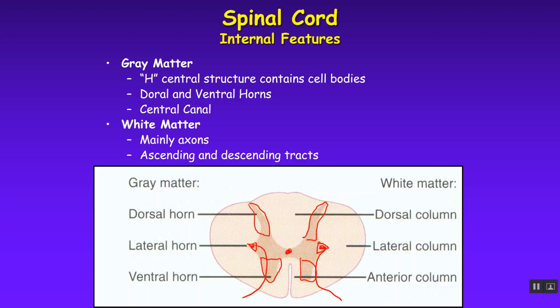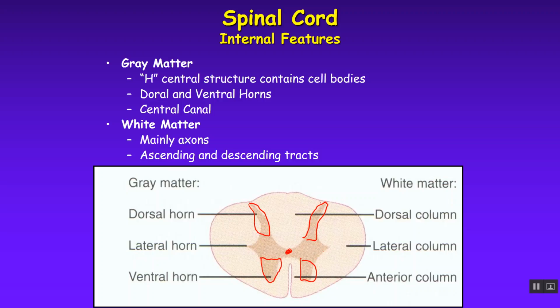You do have, I should take that back, you have some lateral horns in your sacral level, which isn't in your sacrum, it's in that tip of the spinal cord at L1, L2, but where the sacral segments come out, there's a little lateral horn there for the parasympathetic neurons, cell bodies, the sacral division of the parasympathetic nervous system. So if you see lateral horns like this, you know you got to be in a thoracic level or a sacral level. You know you're not in a lumbar or a cervical level if you see little lateral horns on there. Okay.